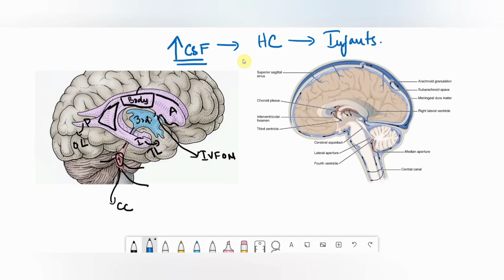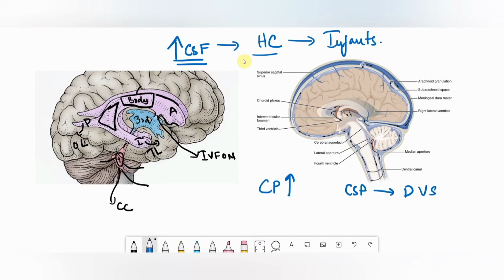What happens in hydrocephalus is that sometimes the cerebral aqueduct is very narrow, or the subarachnoid granulations are not draining the CSF into the dural venous sinus properly, and this causes increased accumulation of CSF within your ventricles. So the choroid plexus continues to produce CSF, but the CSF is not being drained into the dural venous sinuses, so there is an accumulation.